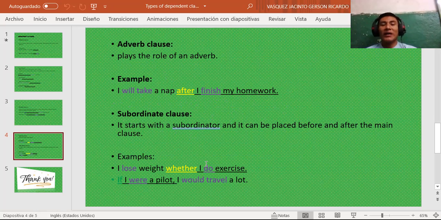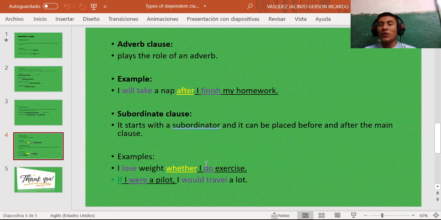The last one is a different type of clause, which is the subordinate clause.